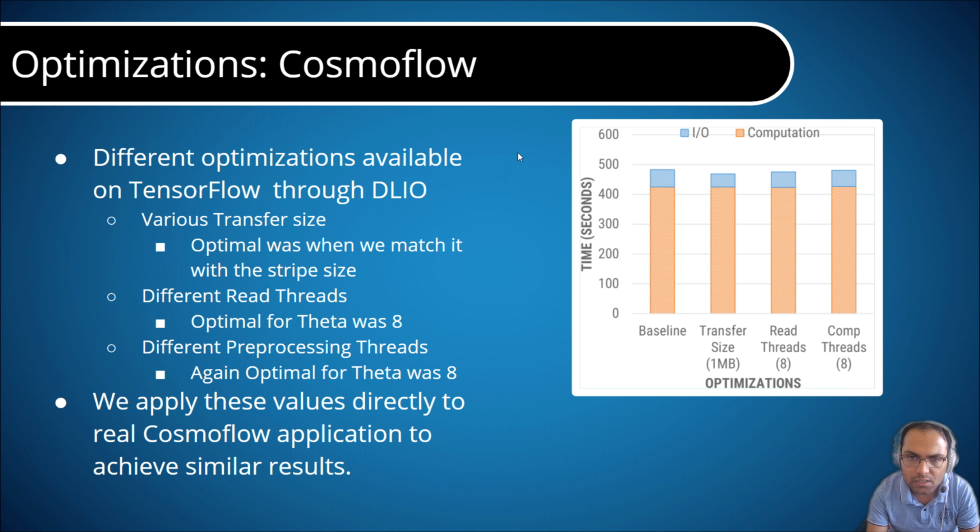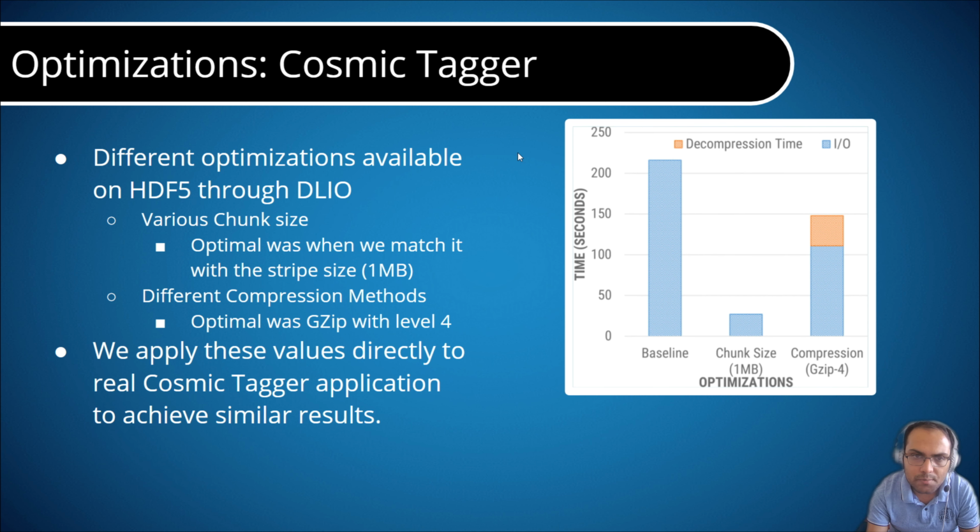We observe that our DLIO benchmark results are consistent with the optimization benefits we see on the applications themselves. Similarly, we test Cosmic Tagger using DLIO by changing chunk sizes and using different compression methods, and observe that we can transfer these improvements back to the real application using these optimized techniques from DLIO.